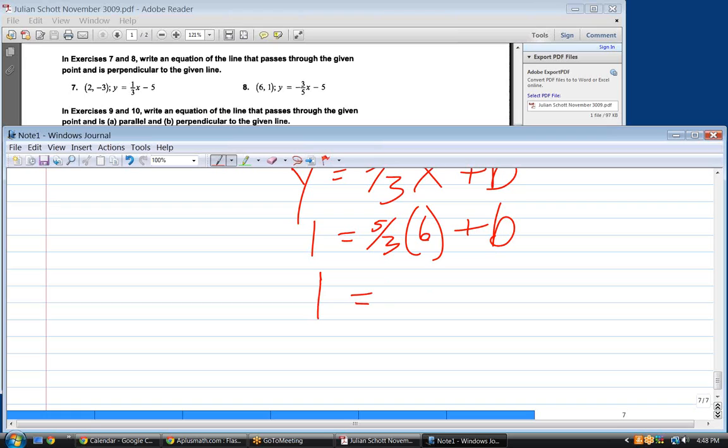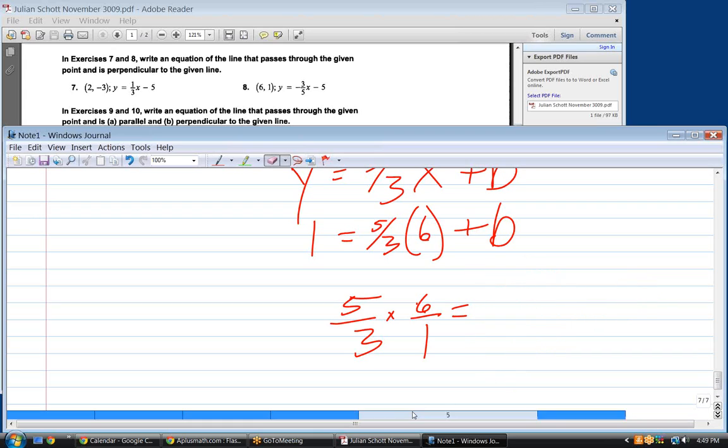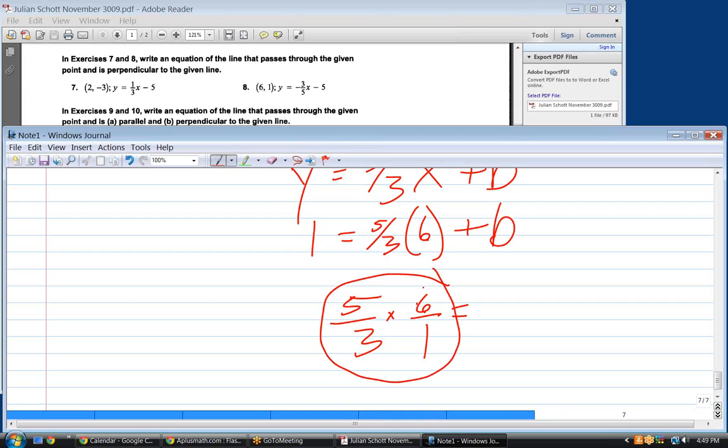Multiply 5/3 times 6. So is it 5/3 times 6/1? Yeah, but let's talk about this, because there's a more efficient way to do this. 5/3 times 6/1. You could just multiply the numerators, multiply the denominators, and you get 30/3. Then you have to reduce that to 10. But that's not the way to do it. The way to do it is to try to reduce this before you multiply.